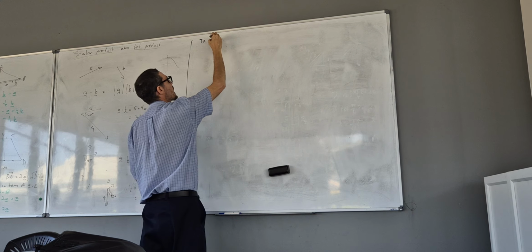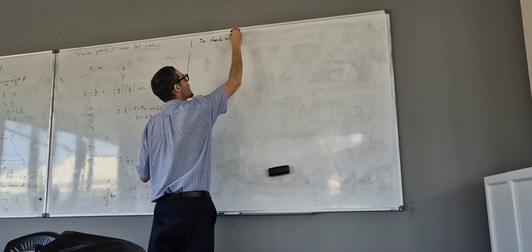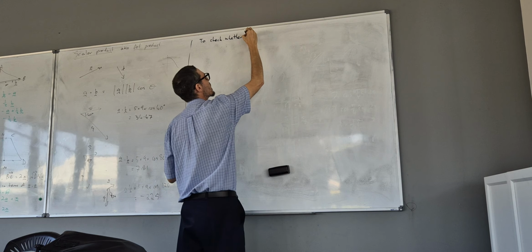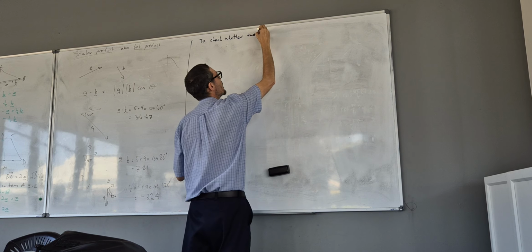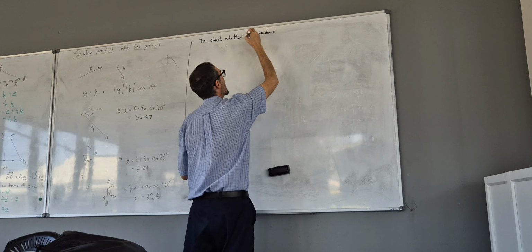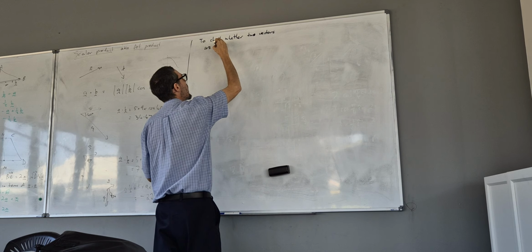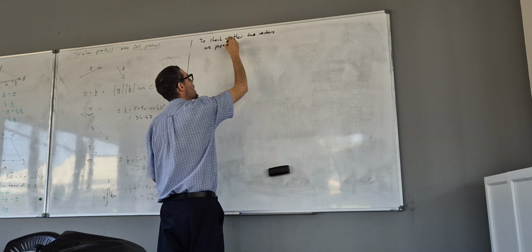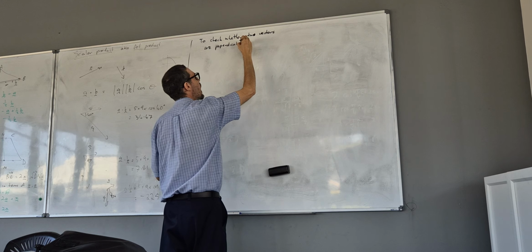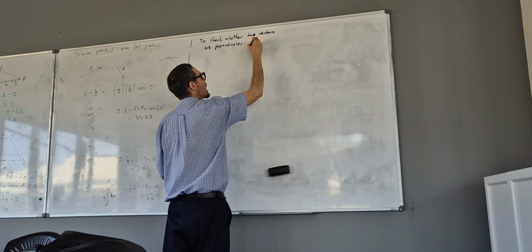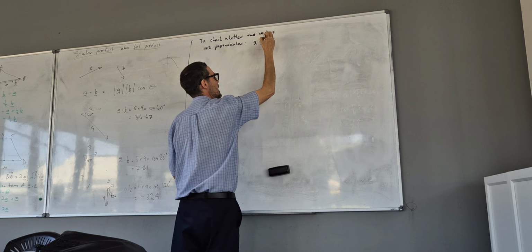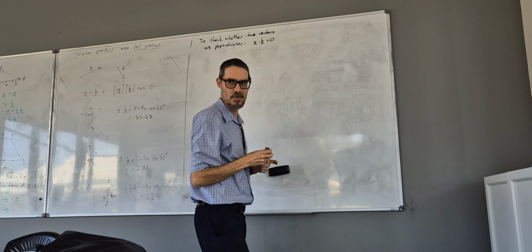To check whether two vectors are perpendicular, A dot B has to equal 0 if they're perpendicular.